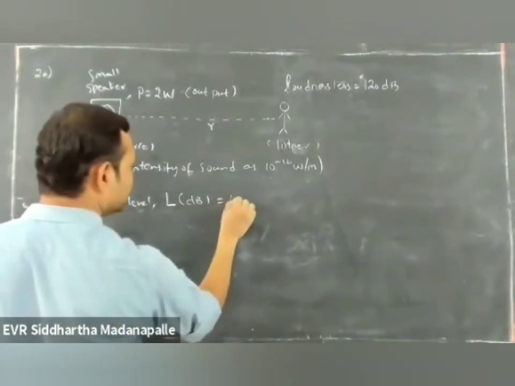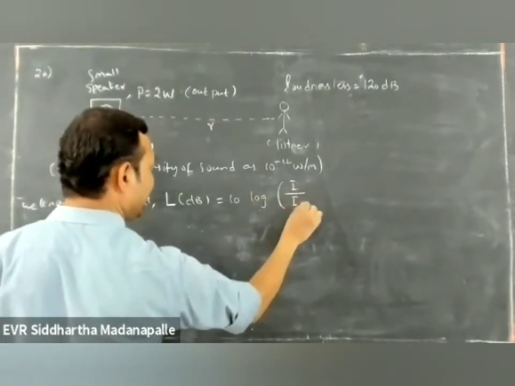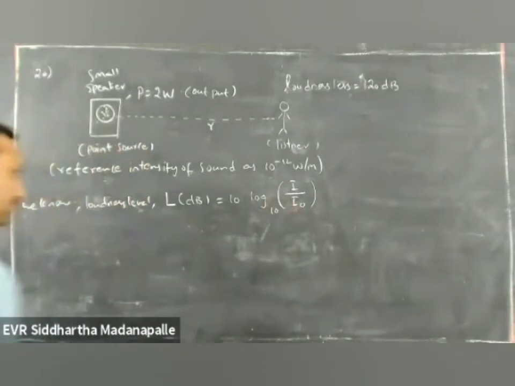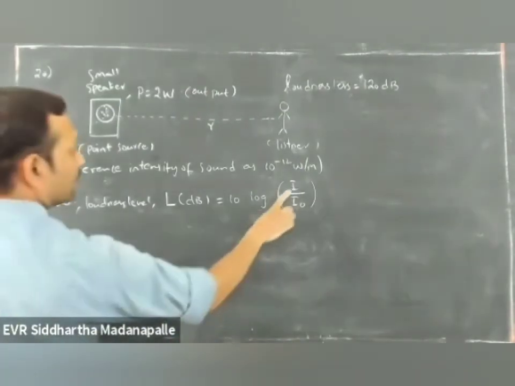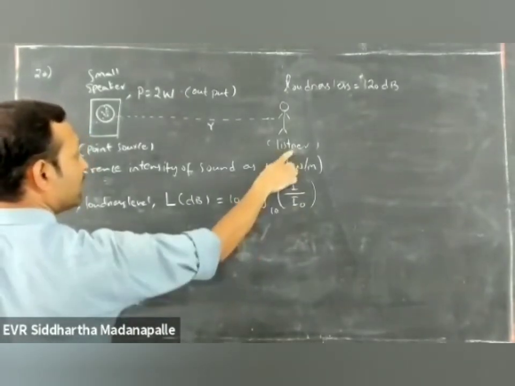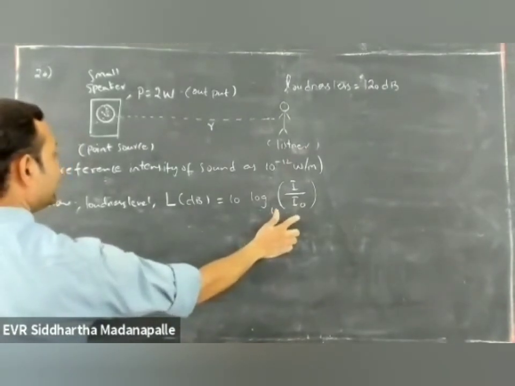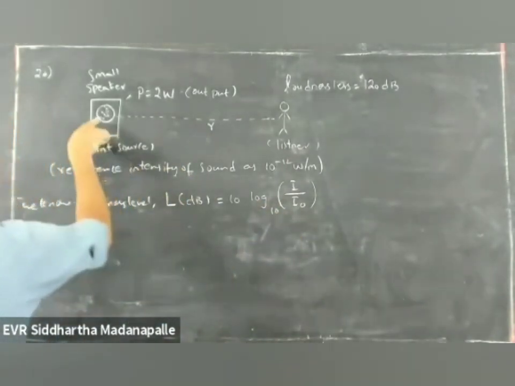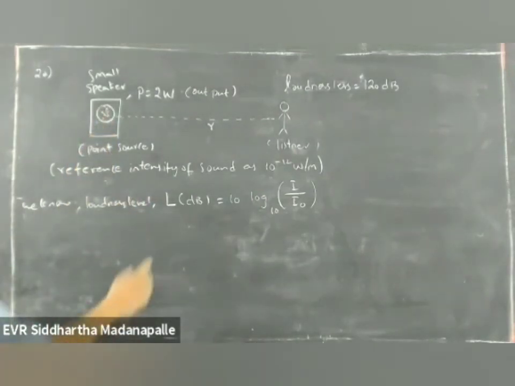It is equal to 10 into log of I by I naught base 10. Here I is the intensity of sound received by the listener. What is I naught? I naught is the intensity of the sound produced by the speaker. And L is the loudness.